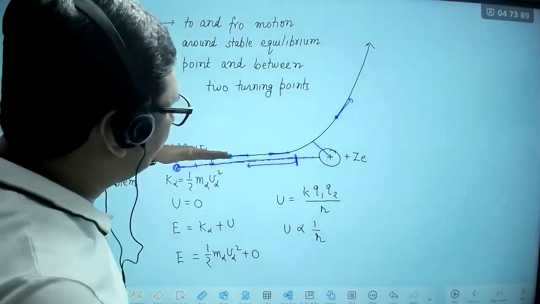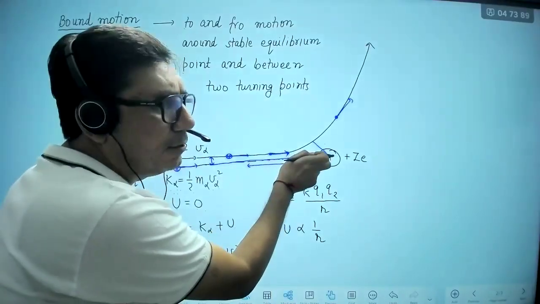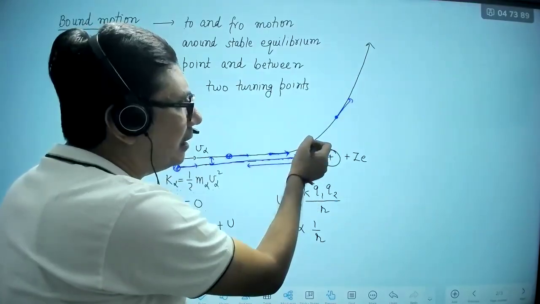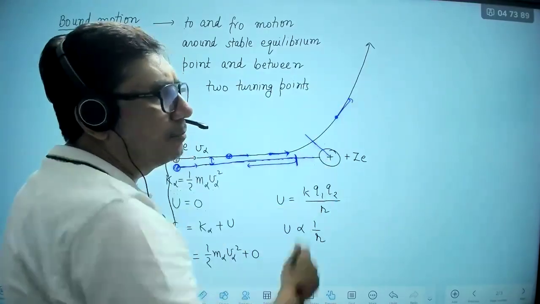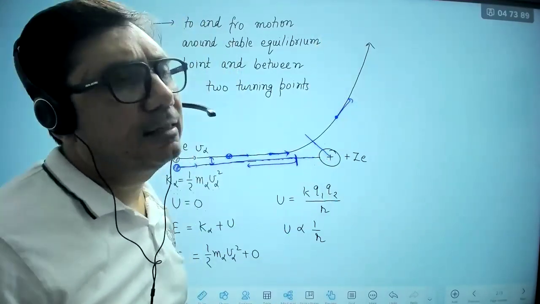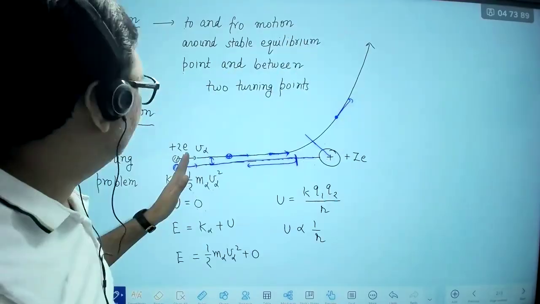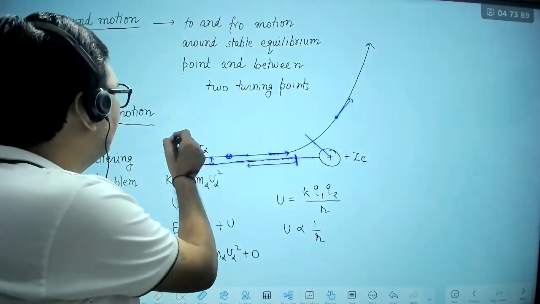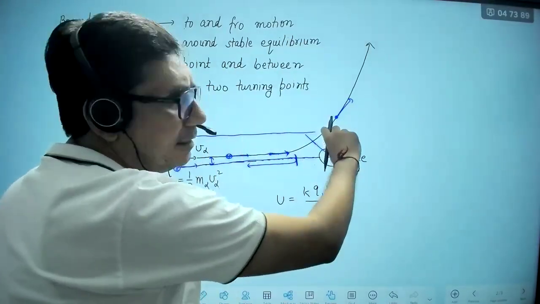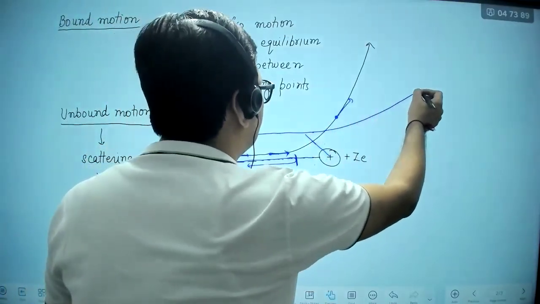If you look at the velocity here, the velocity is towards the nuclei, but after this point, the velocity is away from the nuclei. So here the scattering or reflection is taking place, but it is scattered in a different direction. For example, if you are launching an alpha particle from here, then the interaction will be less, and it will be scattered like this.